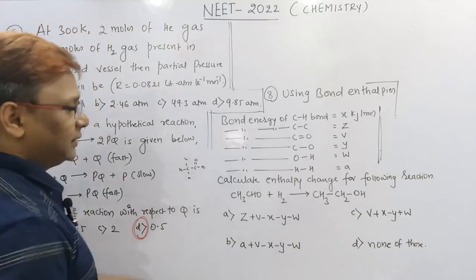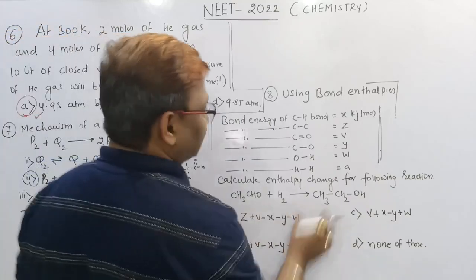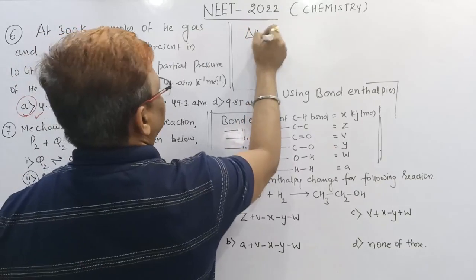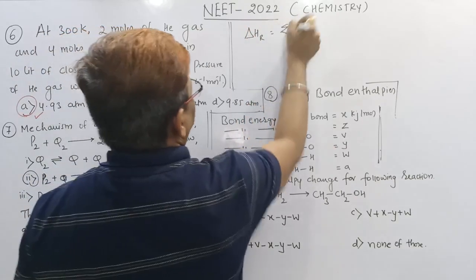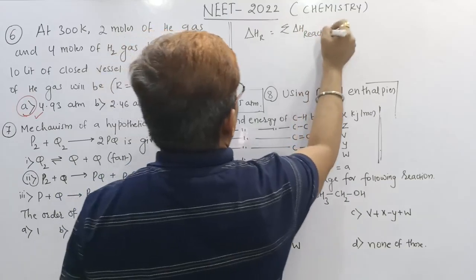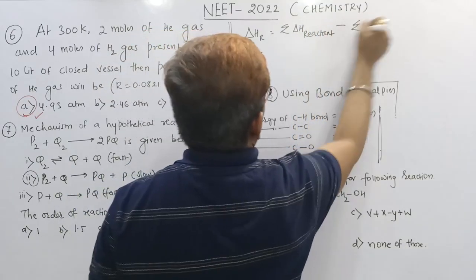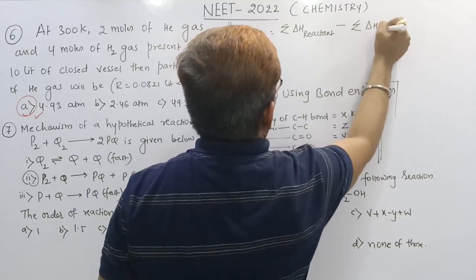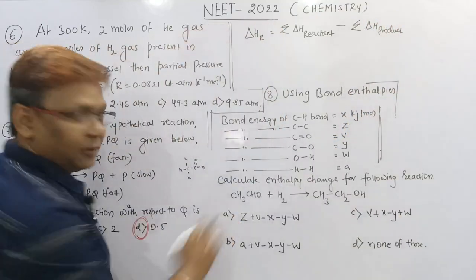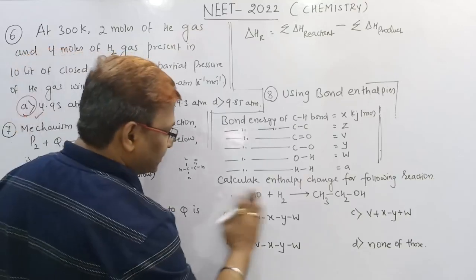See, here they're asking to write the enthalpy change for this reaction. So I'll write delta H of the reaction equal to the summation of delta H of reactant minus the summation of delta H of product. But I will write this equation in a clearer way.